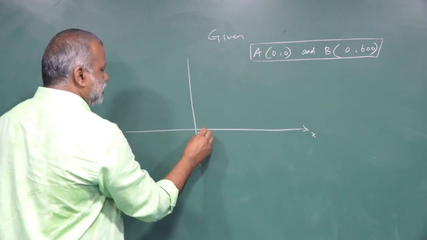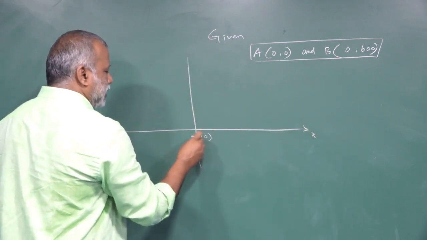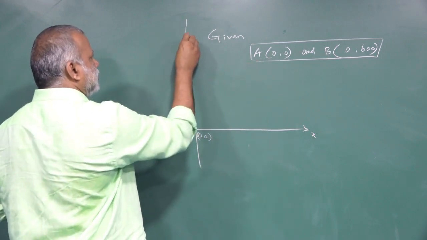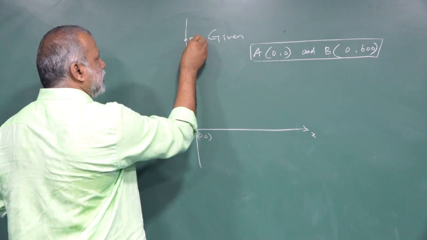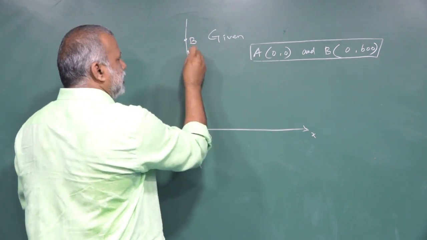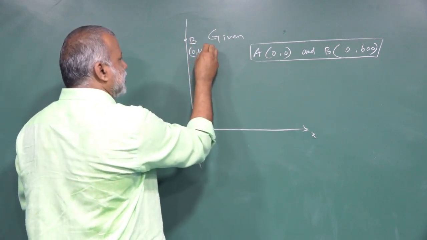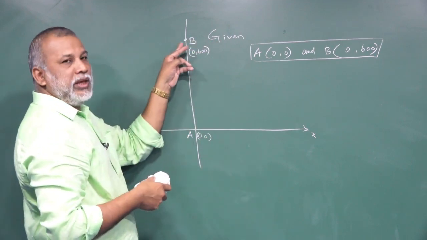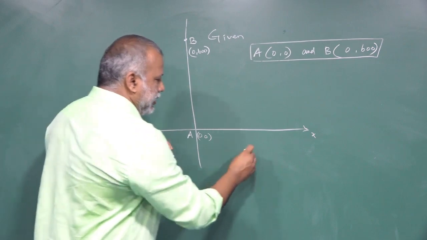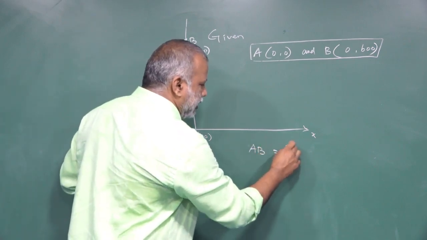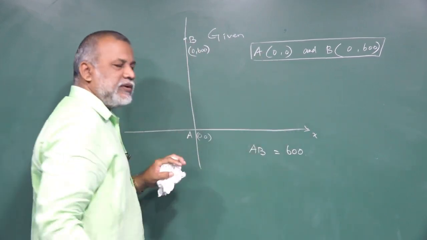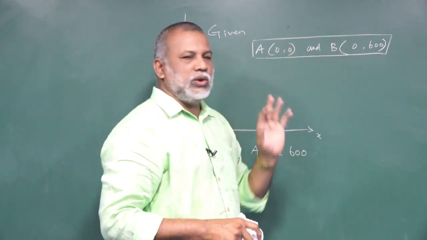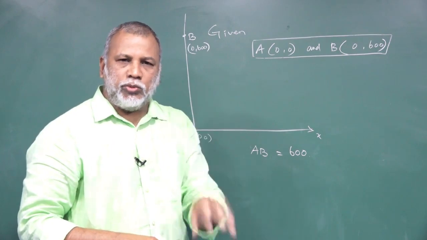Consider this point as 0,0, which is considered to be A. Another point is B, whose value is 0,600. So the distance from A to B is already given: distance AB equal to 600. This is the first information.